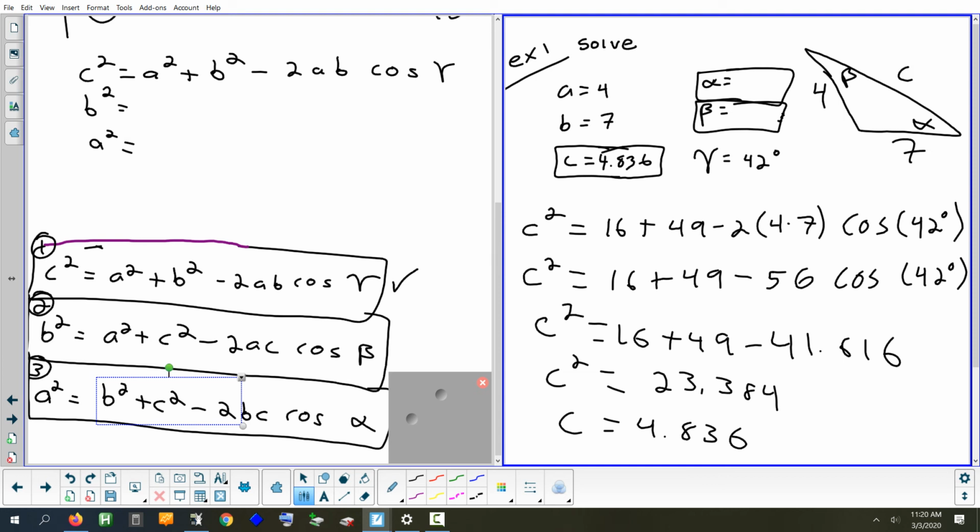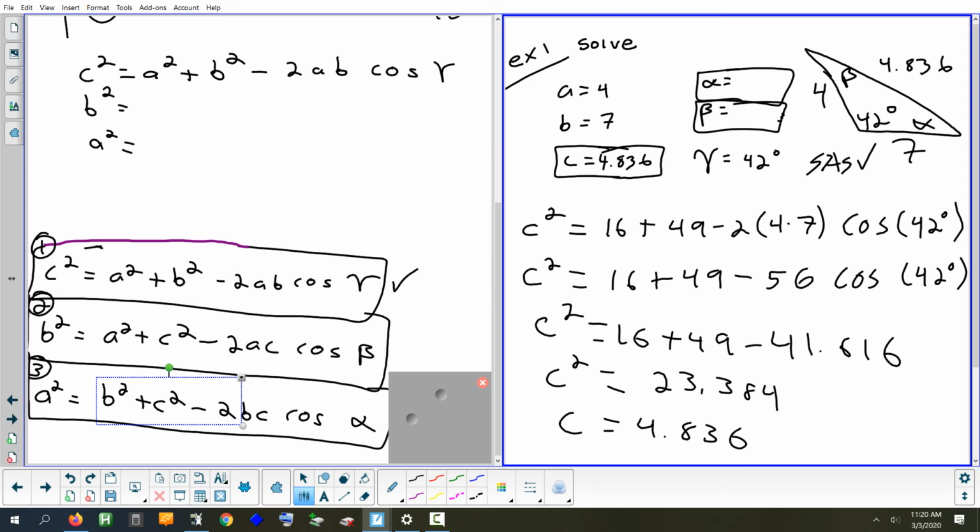We did not have C, but we had gamma. Side, angle, side. Now we know C, 4.836. Besides side, angle, side, which is what it was originally, what other kind of triangle is it now? It is a side-side angle.